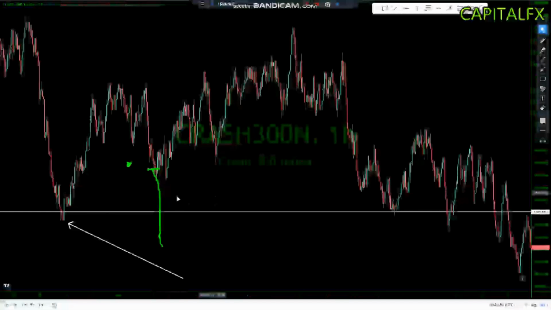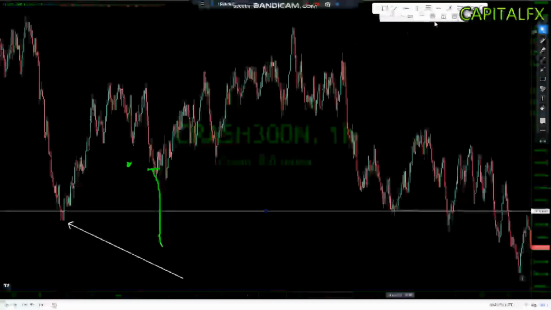So if this is Boom, what I will do is put my line here, because I already know that the order block is not always coming down to make a double bottom. This is a very, very important note. You should hear it and hear it clear. It's not always coming back to make equal lows.